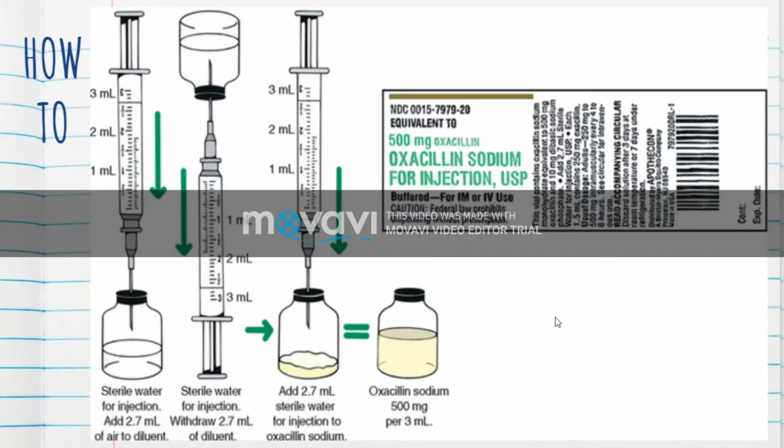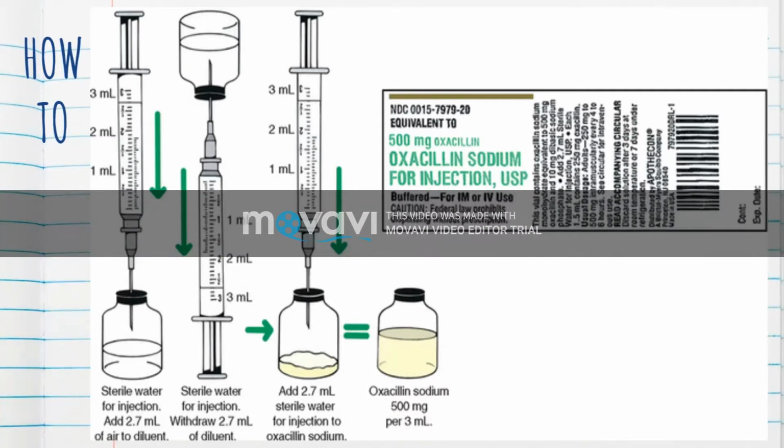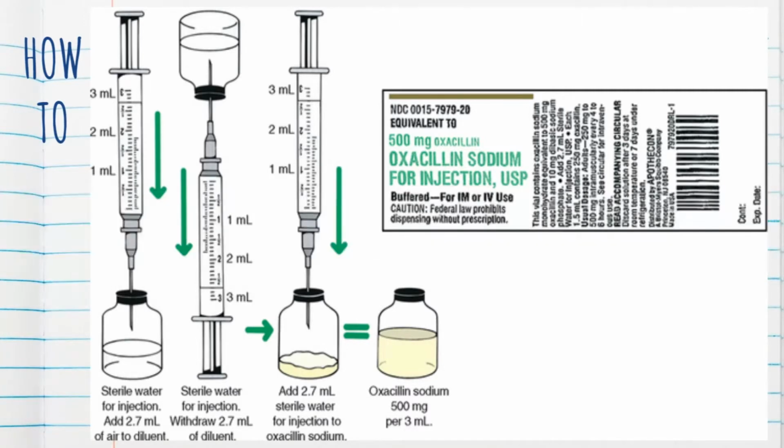That allows us to pull back only the sterile water and not air into our syringe. So we pull back 2.7 mLs of sterile water. We double check that we have correctly pulled back the right amount, and now we can inject the 2.7 mLs of sterile water into our powdered vial.